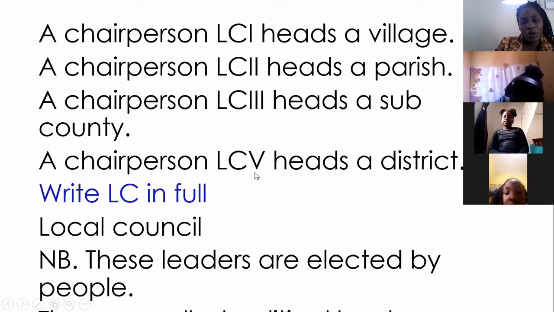Chairperson, local council 5. So we are there, pupils, on a person who heads a district. A person who heads a district is the chairperson LC5.